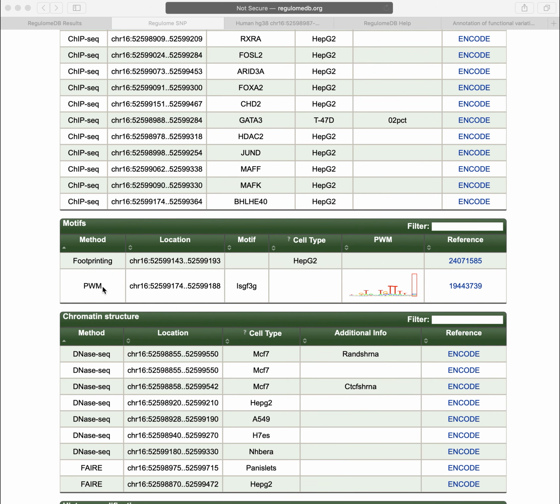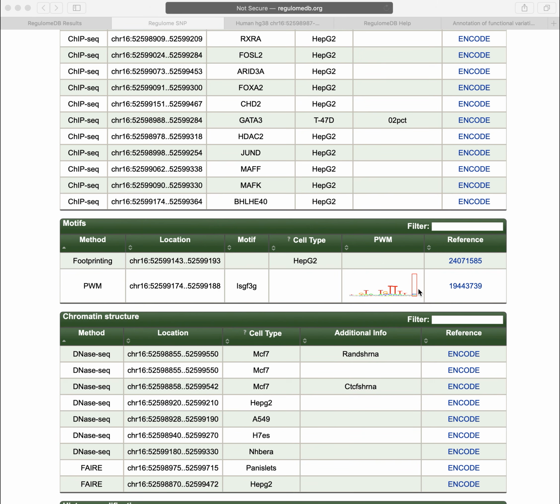The method PWM stands for position weight matrix, which is a common representation to show how specific the protein binding is at each position. It is plotted as a so-called motif logo in the PWM column, where the higher the letters are, the more specific ISGF3G is when binding DNA at this location.